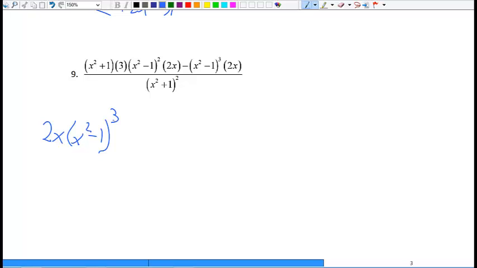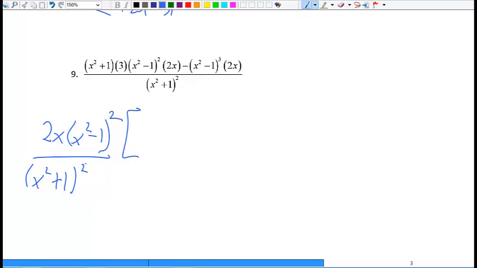Sorry, squared would be the biggest GCF that I can take out. And we're going to leave the denominator with this term. Let me write it a little bit nicer. So x squared plus 1 squared.